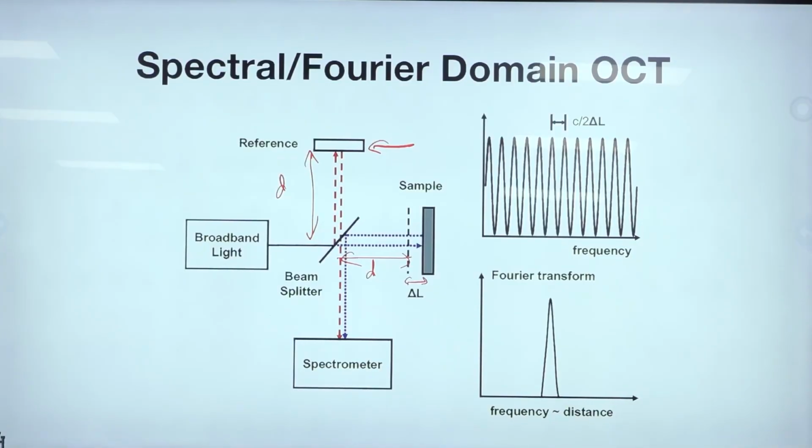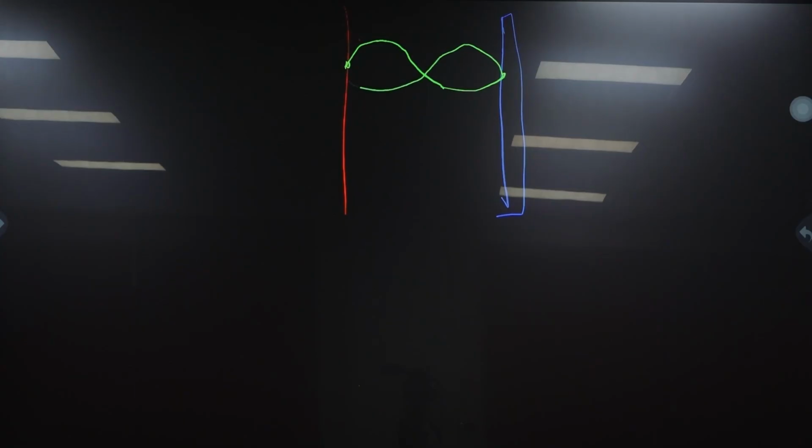Imagine you have a wave that is going in. If the sample layer position is something of this sort, then there is some phase of light here. It goes here like this, hits this, scatters back, and comes back.